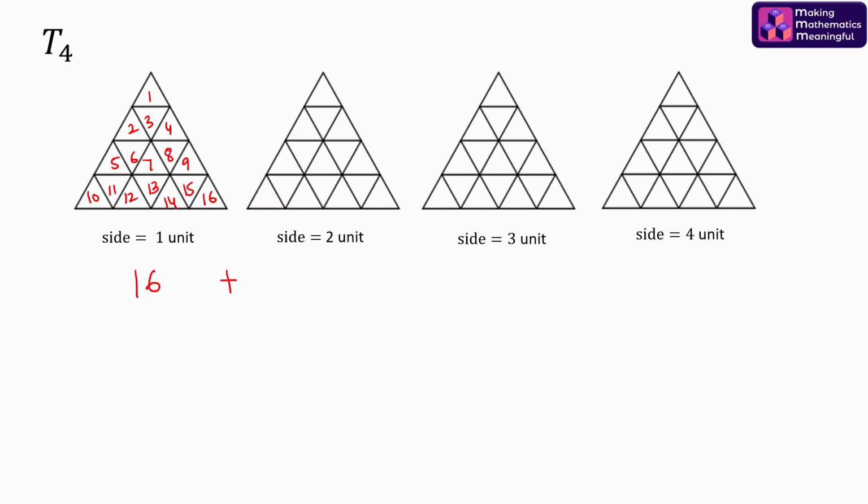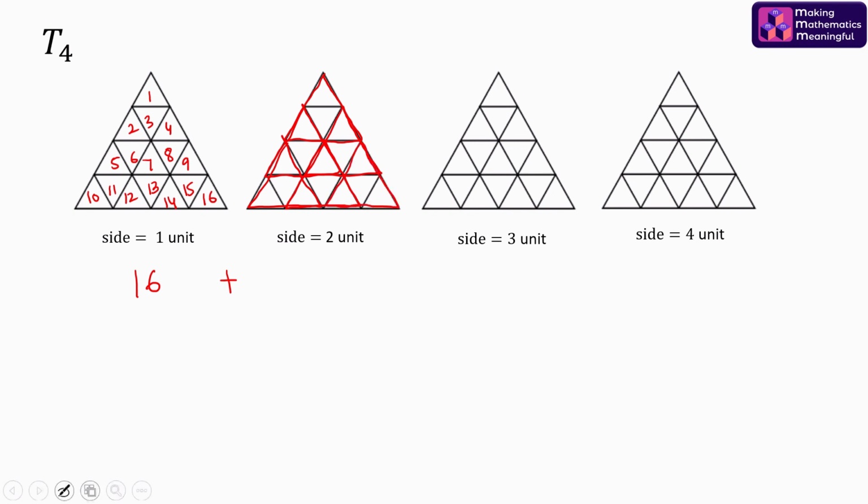Now, let us focus on the triangles of side 2 units. Observe it carefully. So, this is 1, then 2, then 3, 4, 5, 6.